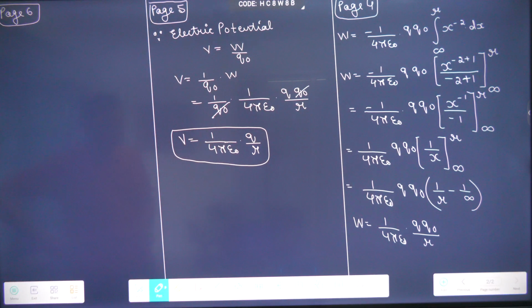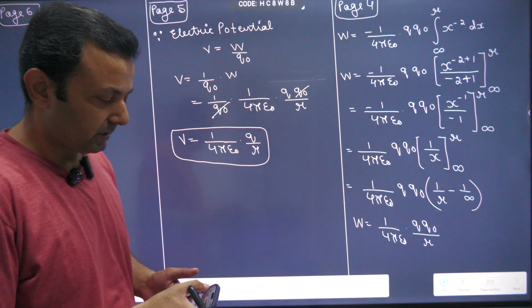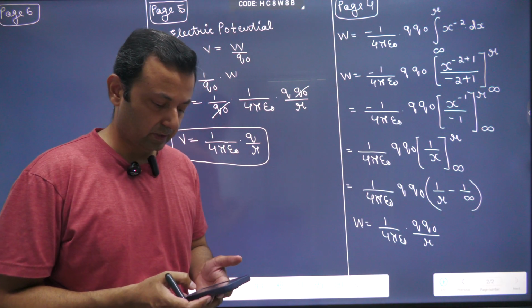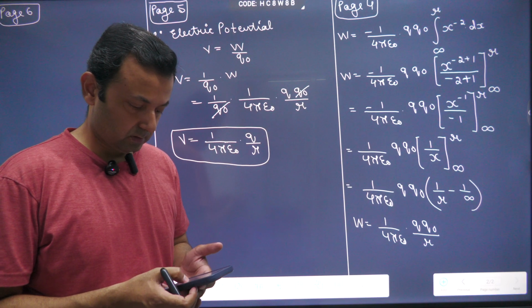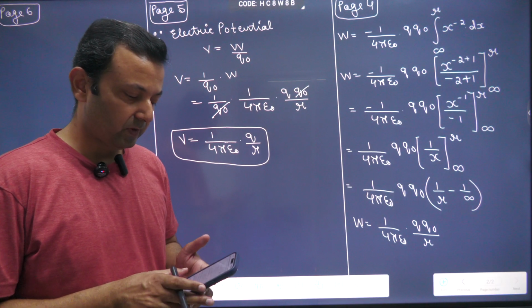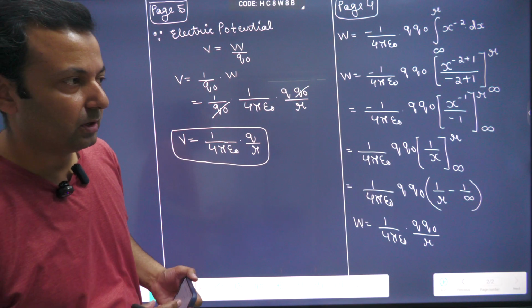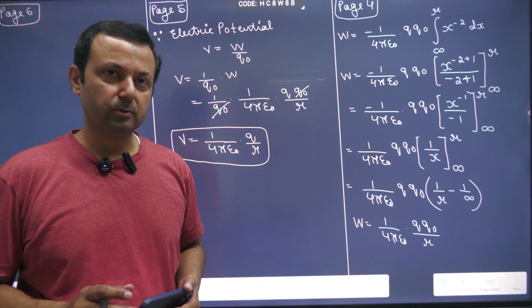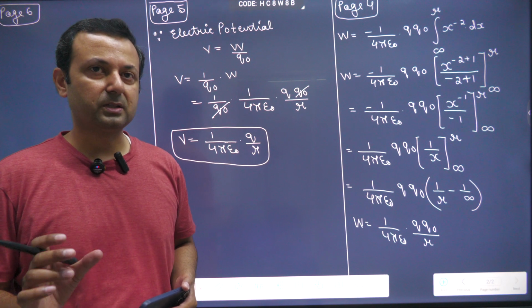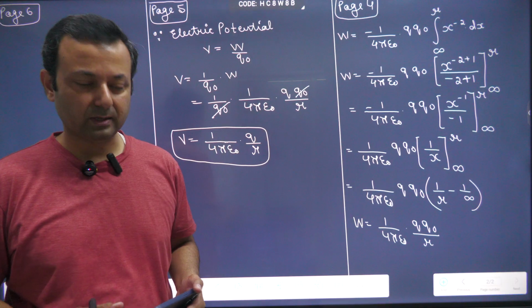Okay, now in the same manner as I have discussed in the chapter electric charges and fields, the next topic on page number 3 is electric potential due to a dipole. What is a dipole? Two equal and opposite point charges separated by a small distance make an electric dipole.